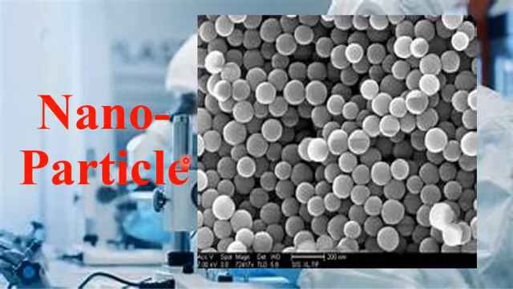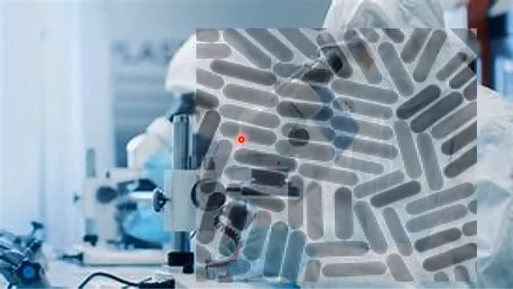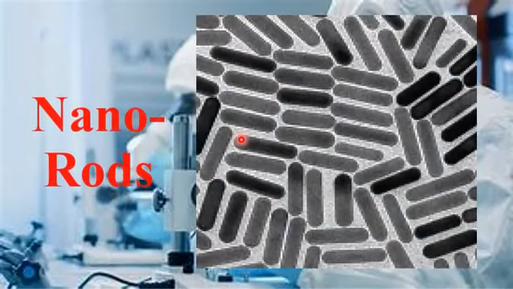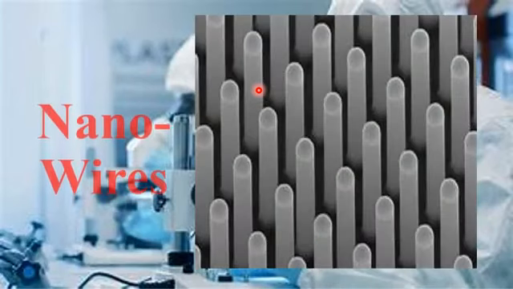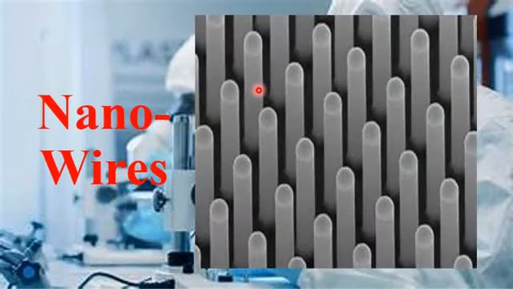Nanoparticles are particles having a dimension in the range between 1 to 100 nanometers. With the sol gel process, we can produce nanorods. Their length is a few microns, but their diameter is around 1 to 100 nanometers. And with the sol gel process, we can also produce nanowires.